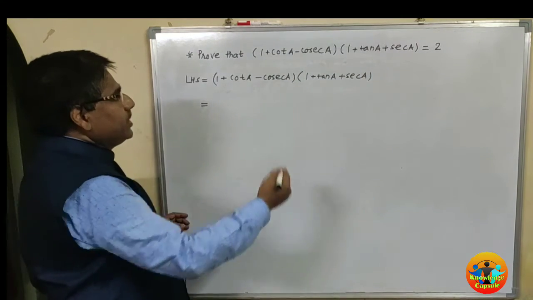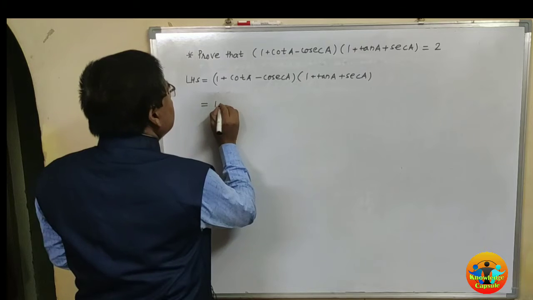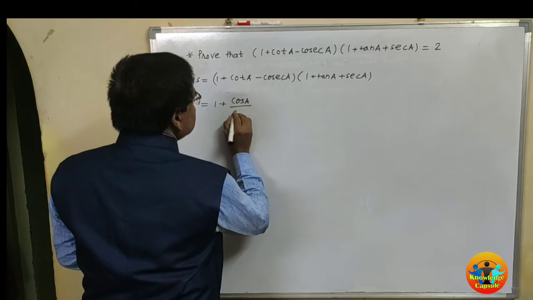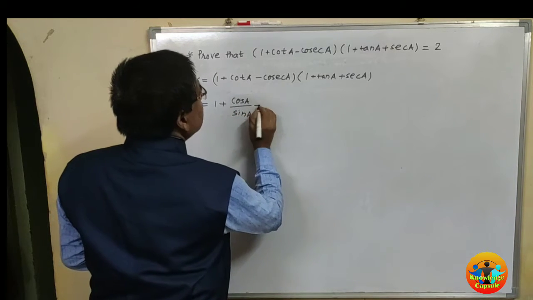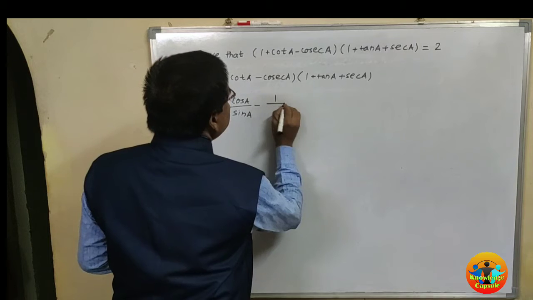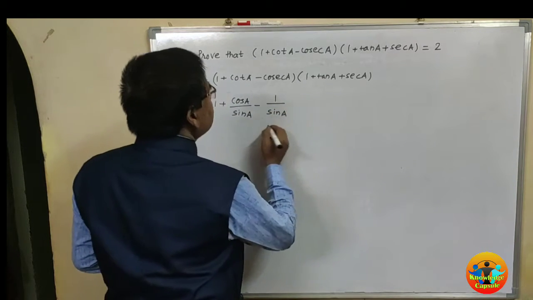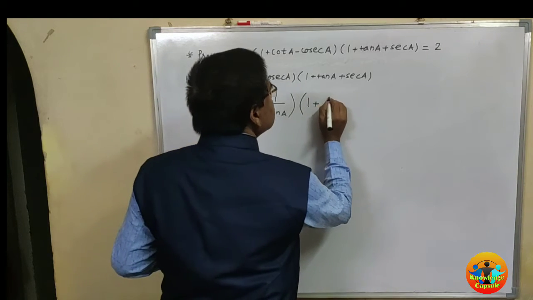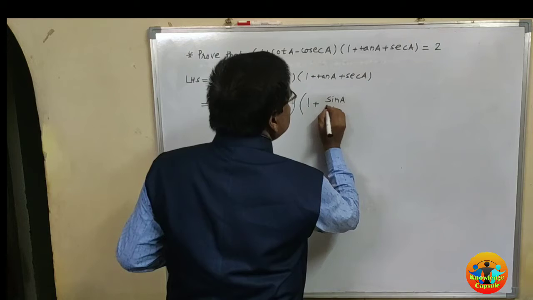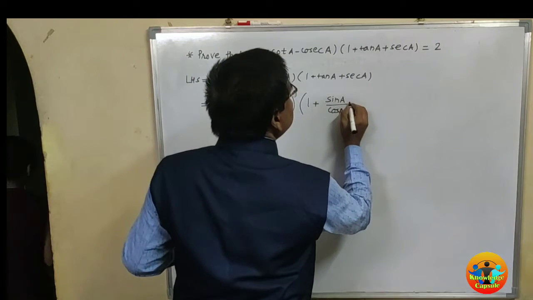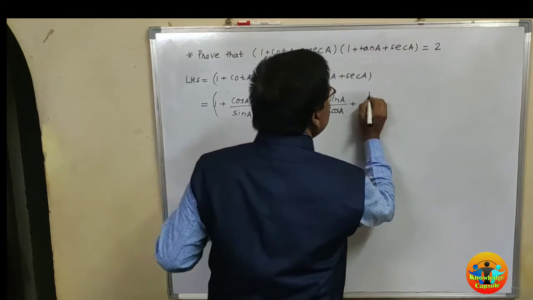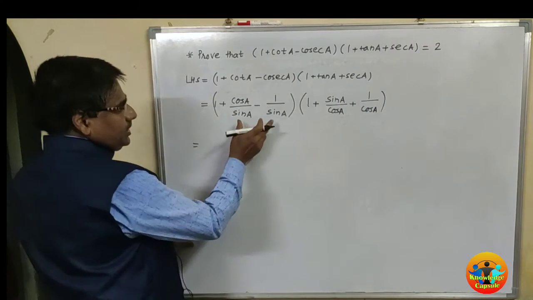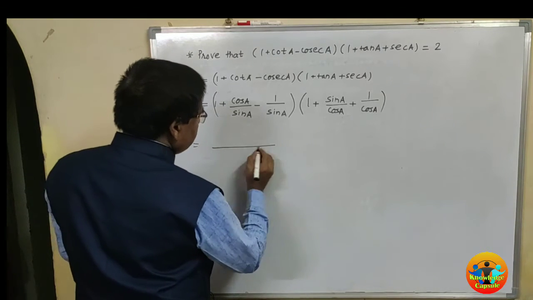Now let us simplify the terms. 1 plus cot A, where cot A is cos A upon sin A, minus cosec A, which is 1 by sin A, into 1 plus tan A, where tan A is sin A upon cos A, plus sec A, which is 1 upon cos A. Now let us take sin A as LCM here.